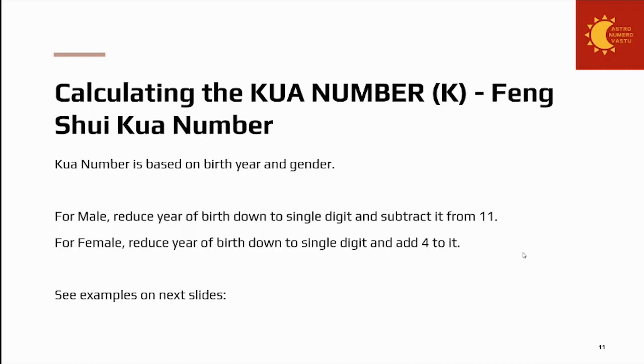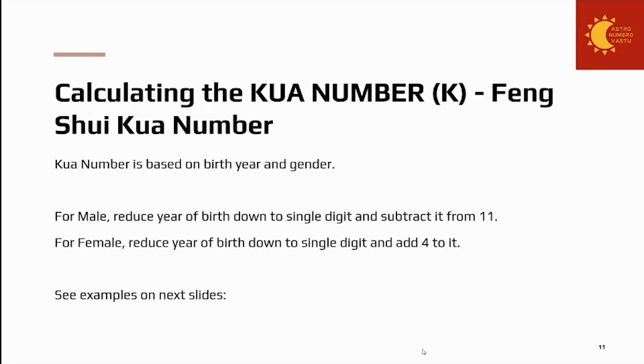There are different formulas given to calculate the KUA number for male and female. The first step is the same. What is the first step that we have to perform in order to calculate the KUA number? The first step is to reduce the year of birth down to a single digit. This step is common for male and female both. Next, the difference is in the final formula where we use this number to calculate the KUA.